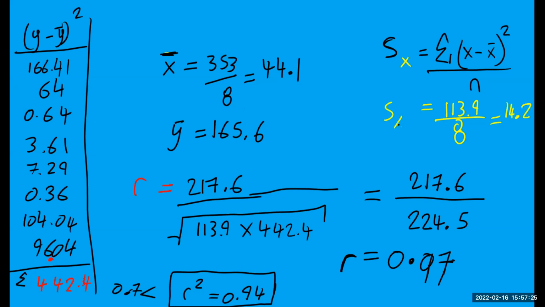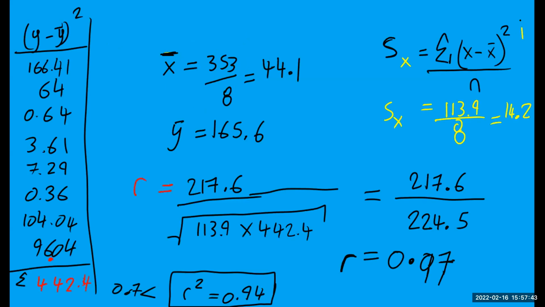Then coming around here, the standard deviation of Y will be the sum of Y minus bar Y, all squared, divided by N minus 1. Oh, I forgot to square root it. Sorry, all square rooted. My bad, Jamie. Square root that. That's 3.77.